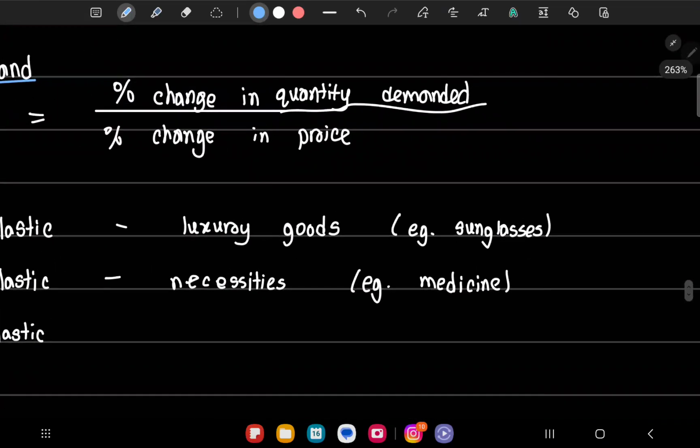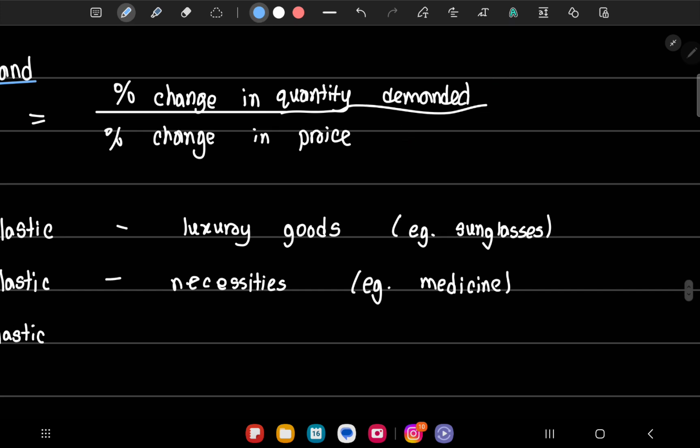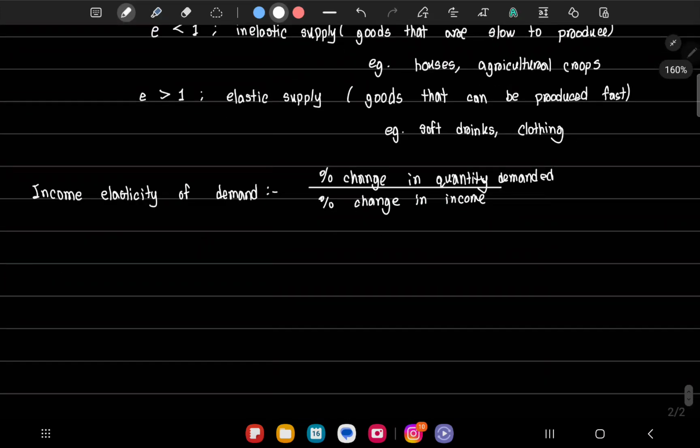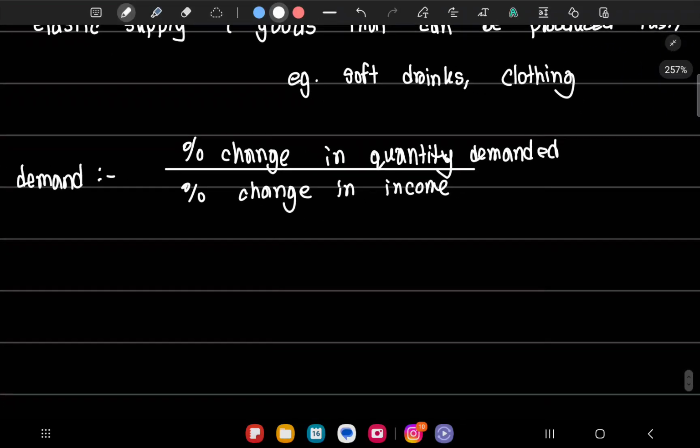In the other case, if the price increases, the quantity demanded decreases. We know that for sure. And we only care about the magnitude of that change. But in case of income elasticity, we also need to check the magnitude and the direction of change.